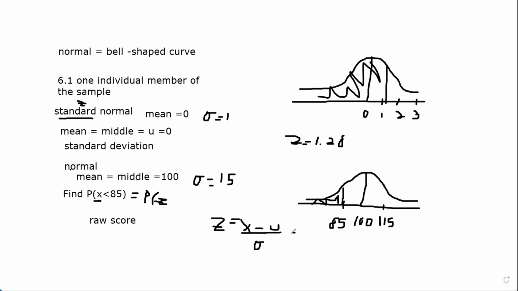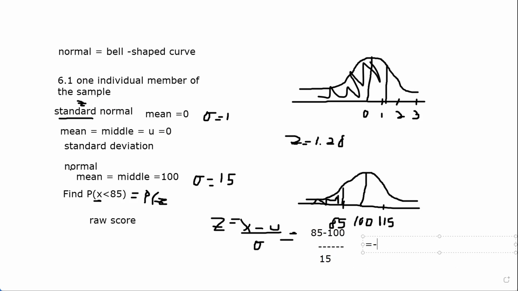Now I have 85 minus 100 over 15. That's going to give me -1, right? I'm not going to get the probability right now, but I wanted to show you something. This is 15 here, so this is -1 here.